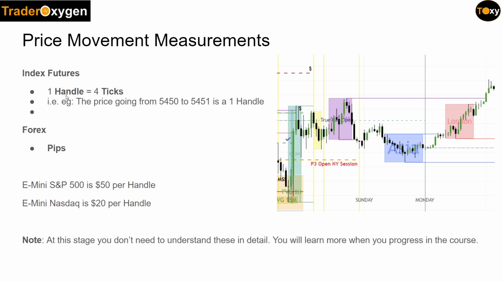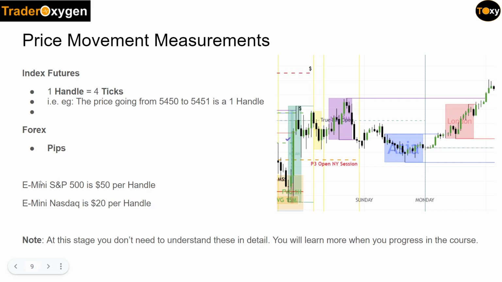And what's a handle? For example, if the price is going from 5450 to 5451, that one unit we call one handle in index futures. This handle contains 4 ticks. Now, one handle movement has a financial value associated with it.